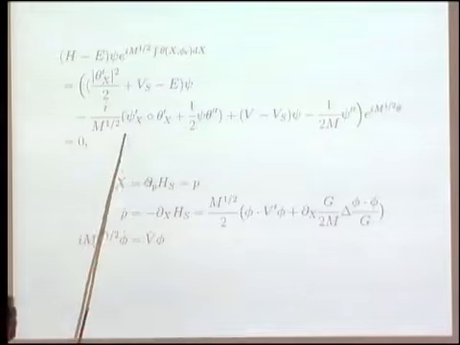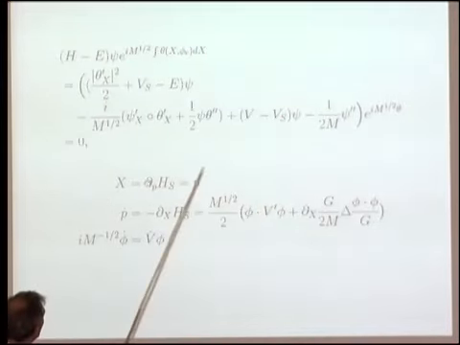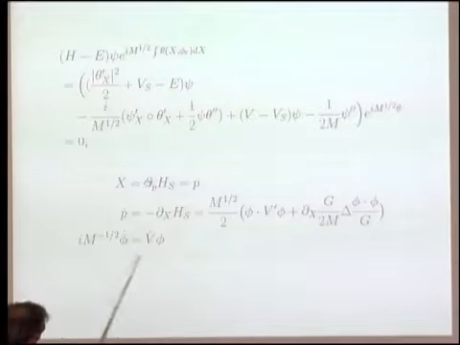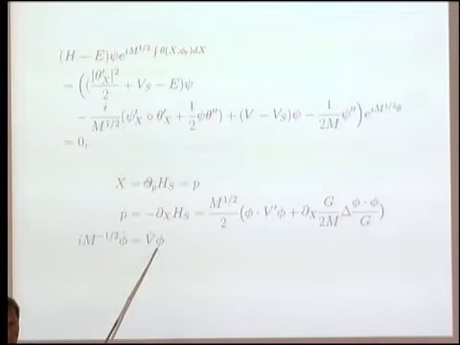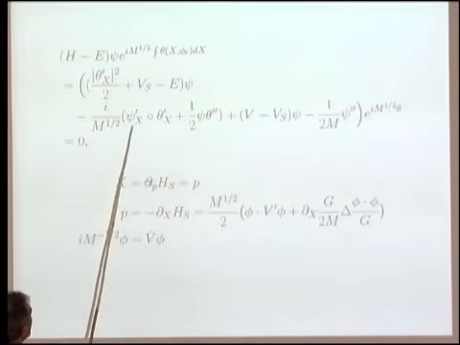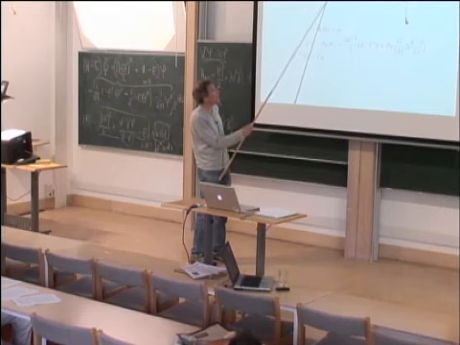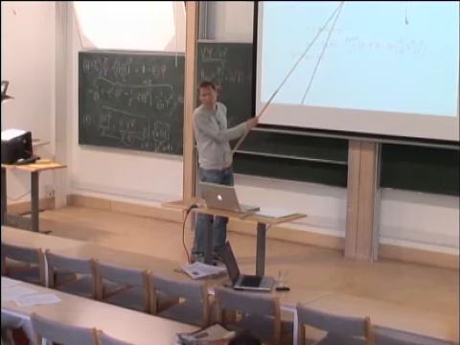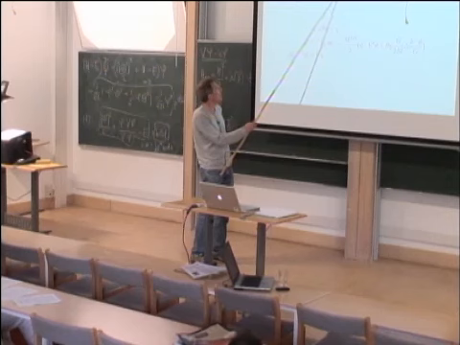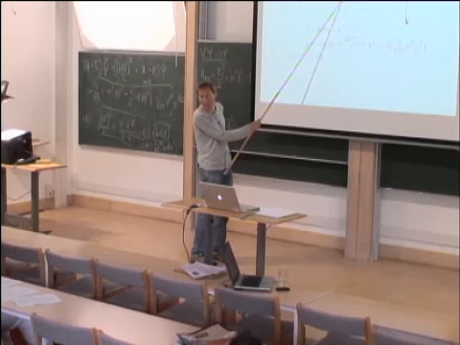Then the next thing here is related to my Schrödinger equation here. Because here we have a time derivative, and by a change of integrating factor, everything becomes a time derivative.